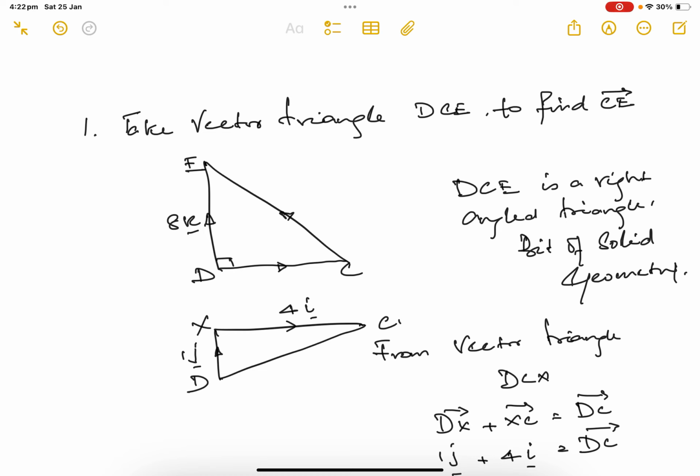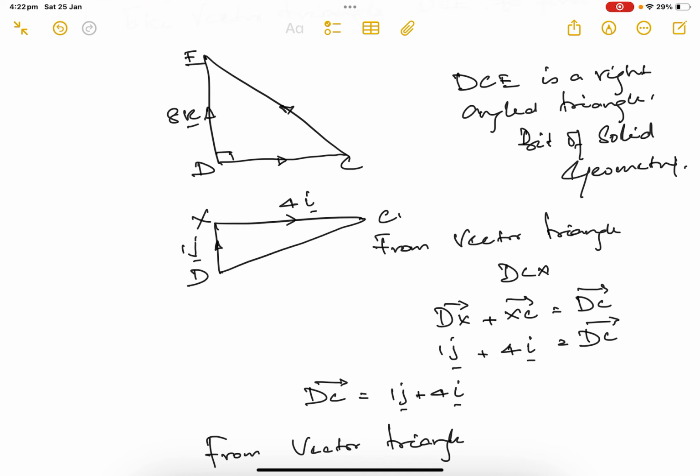With a bit of three-dimensional geometry, it is a right angle triangle because E is vertically above D, and any line on the horizontal plane, that is DC, must be perpendicular. But we don't need that detail. All we need is the vector triangle.